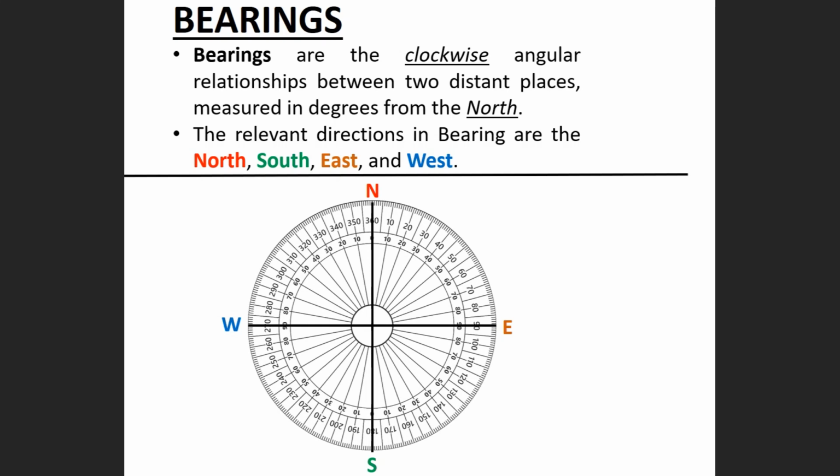As you can see on that protractor, we have here 360 degrees, but in actual sense this is 0 degrees. North is always 0 degrees. Take it back. 0 degrees.